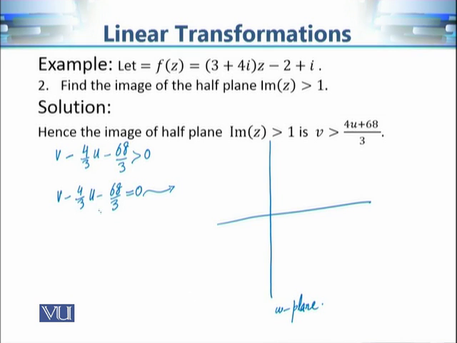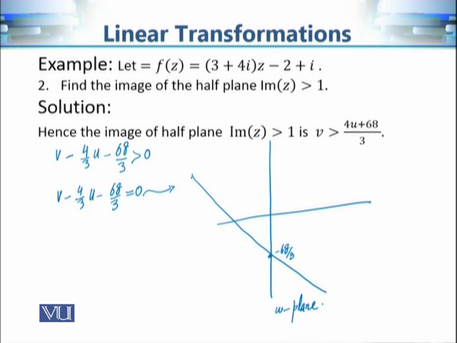So this is a line, and we can see that the intercept is minus 68 by 3 and the slope is minus 4 by 3, so it will be a line of the following form. So this is basically minus 68 by 3.